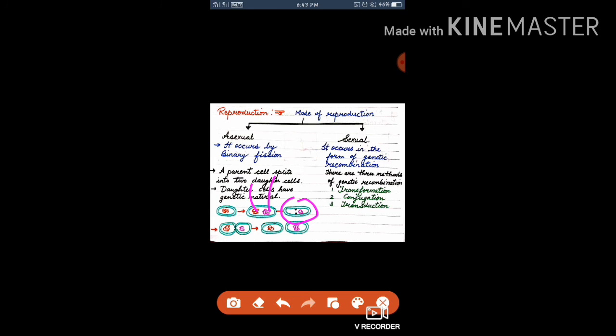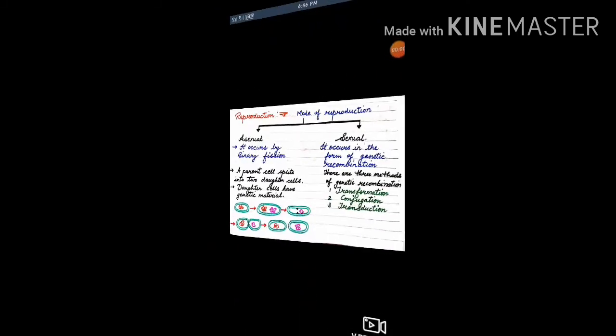Separation of the 2 cells begins. And after some time, 2 identical independent cells or daughter cells are formed. So this is called asexual reproduction by binary fission.